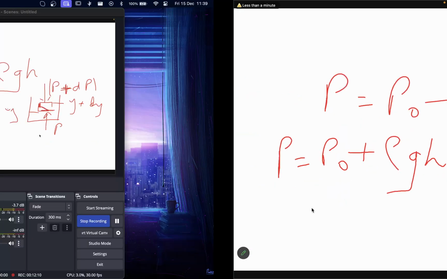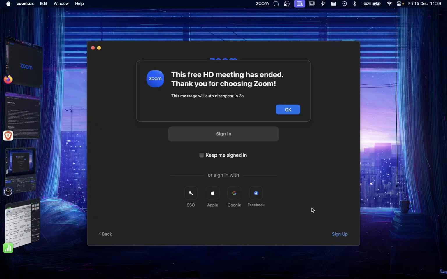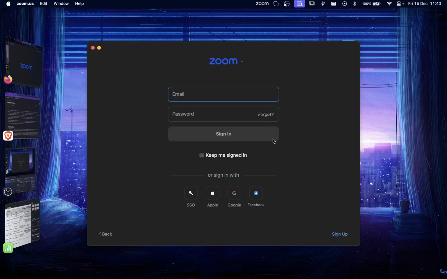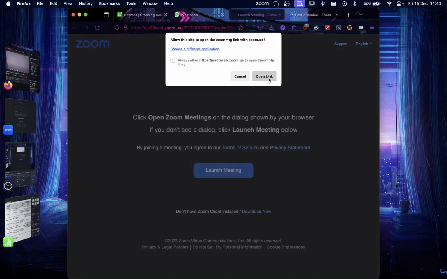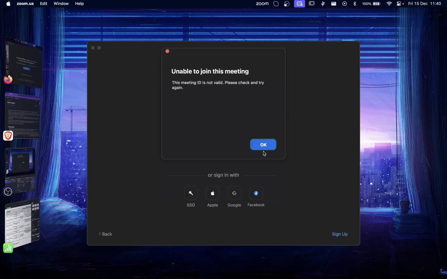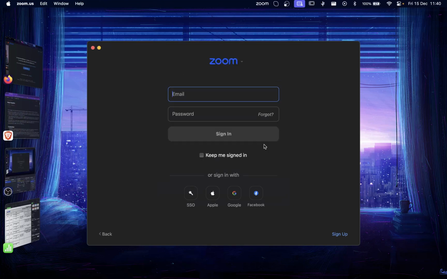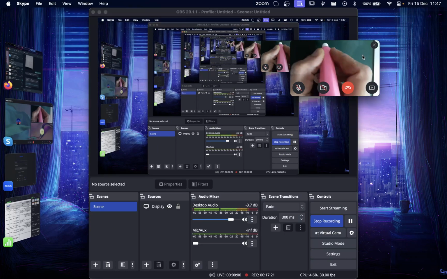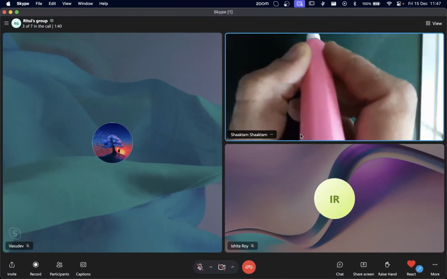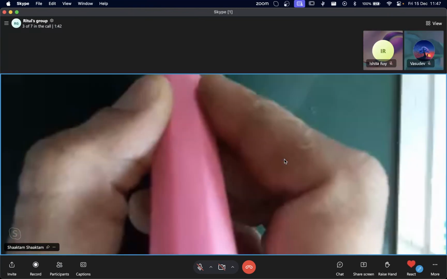This is how pressure increases. We are dealing with static pressure, I repeat.